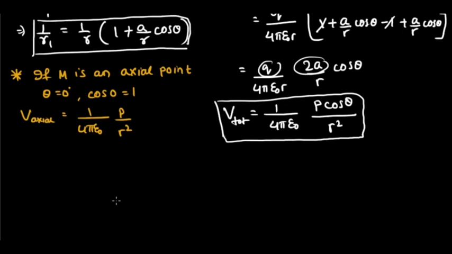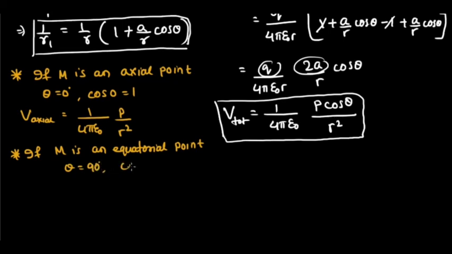And similarly, if M is an equatorial point, then theta is equal to 90 degree, or cos 90 is equal to 0, and hence V equatorial will be 0. So students, you saw that from this general formula we can find the value of electric potential at the axial point and at the equatorial point.